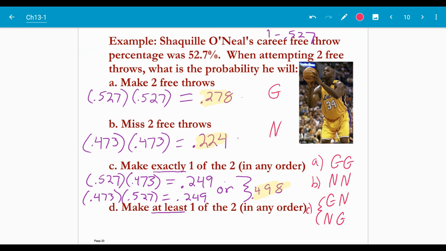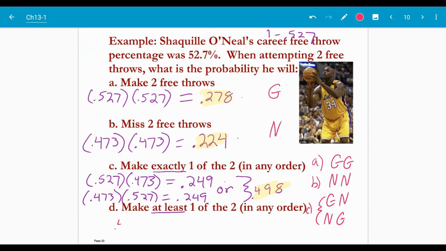Letter D says, what's the probability that he makes at least one of the two in any order? So with this change in the wording, let's think about what a desirable outcome is. Making at least one of the two would mean that letter C is favorable.